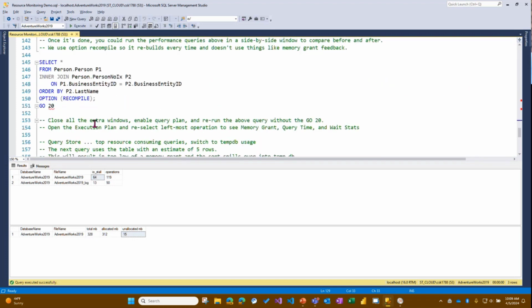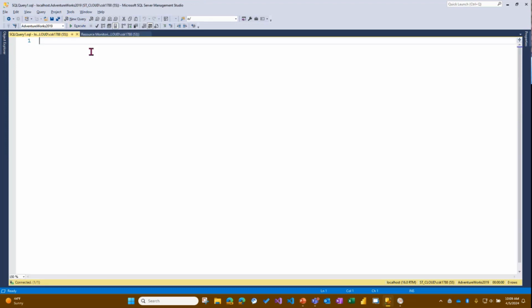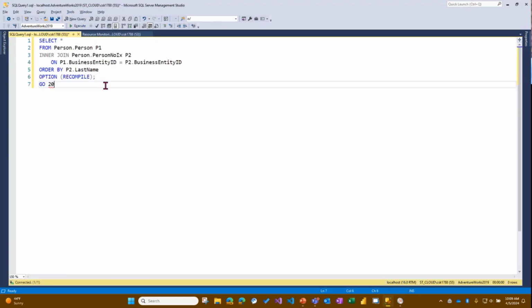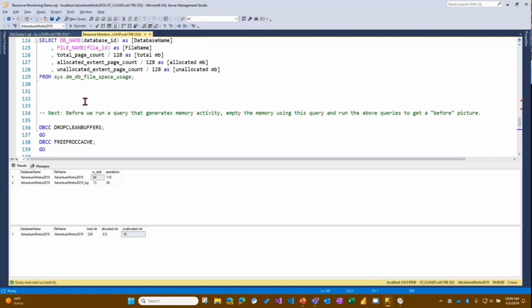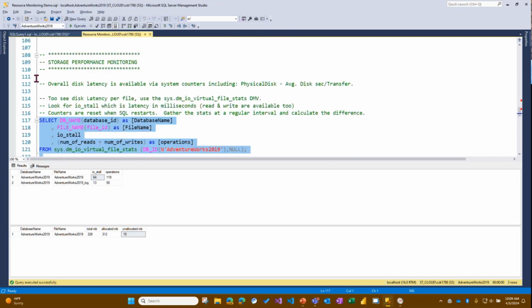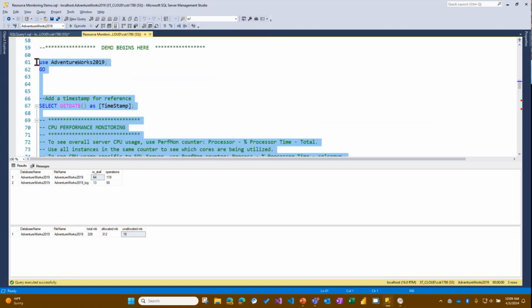All right, so let's change the numbers a little bit here. So I'm going to grab a copy of this query, and this is going to be querying from the table that has 50 million rows, or where SQL Server thinks it has 50 million rows, though it only has about 20,000. I'm not going to run it quite yet because I want to get all of these performance numbers showing up.